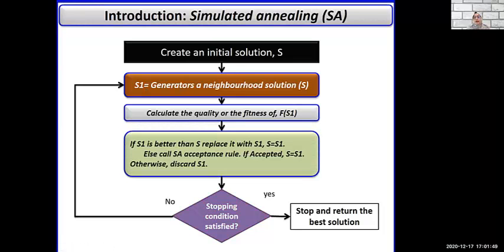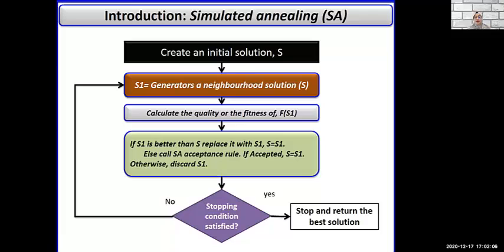The simulated annealing also starts with a given initial solution. How we create the initial solution is not the issue in simulated annealing. So simulated annealing starts with a given initial solution.